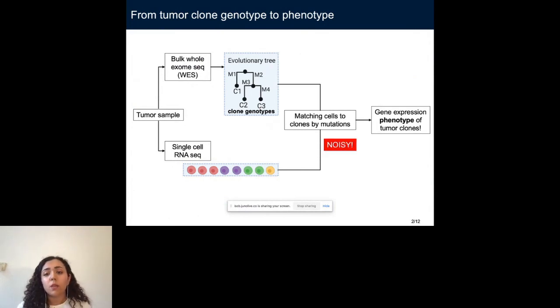But there are some problems. First of all, we have single cell RNA-seq data and it's noisy.